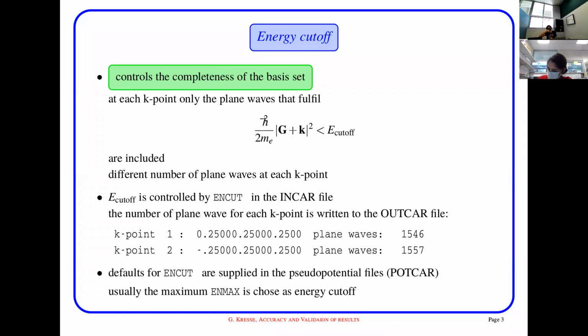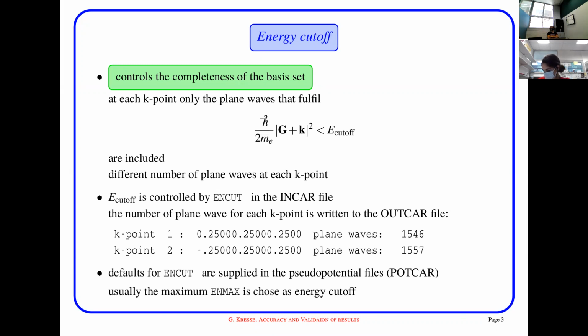When we apply the Bloch theorem, we can take the potential as a periodic function, and then we can express the wave function also as a periodic function with the periodicity of your system. And here the cutoff is just telling you when you want to stop checking all the different energy levels for the kinetic energy of the electrons.